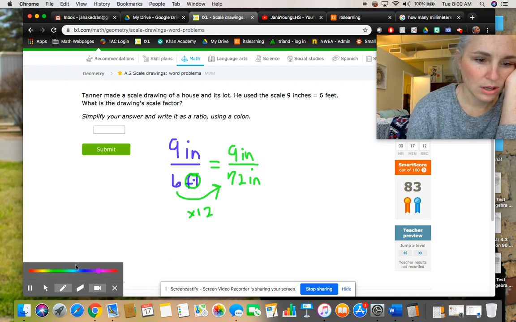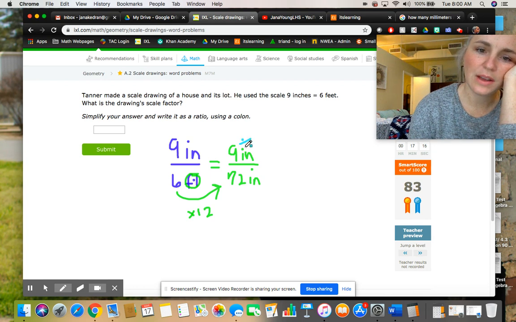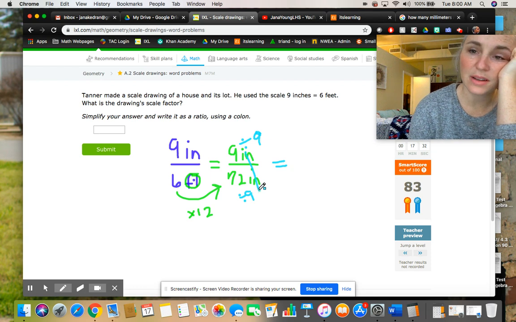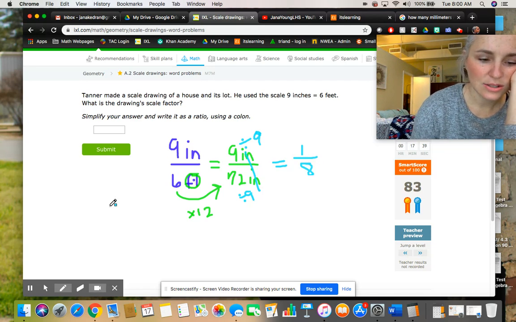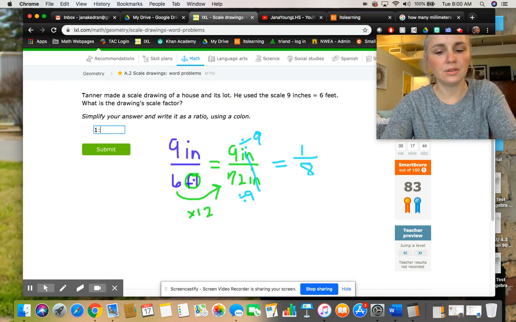So I'm going to divide the top and the bottom of the fraction by 9 to reduce it. Inches go away because we're talking about a factor, not a measurement. 9 divided by 9 is 1. 72 divided by 9 is 8. So my scale factor in this case is 1 to 8.